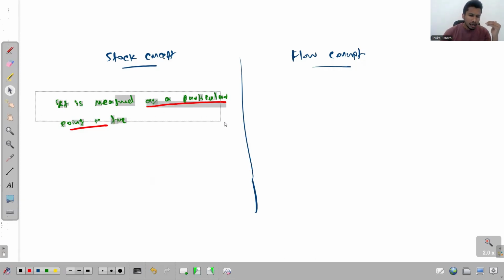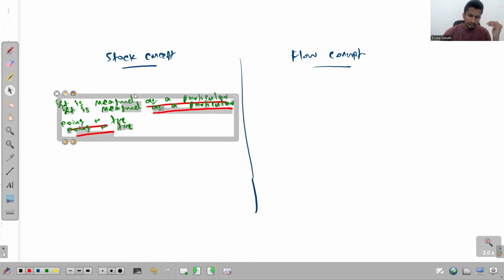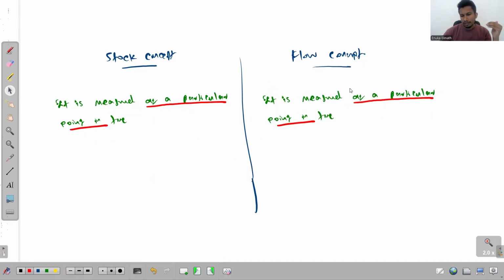But on the other hand, if it's a flow concept, it is measured for a particular period in time.